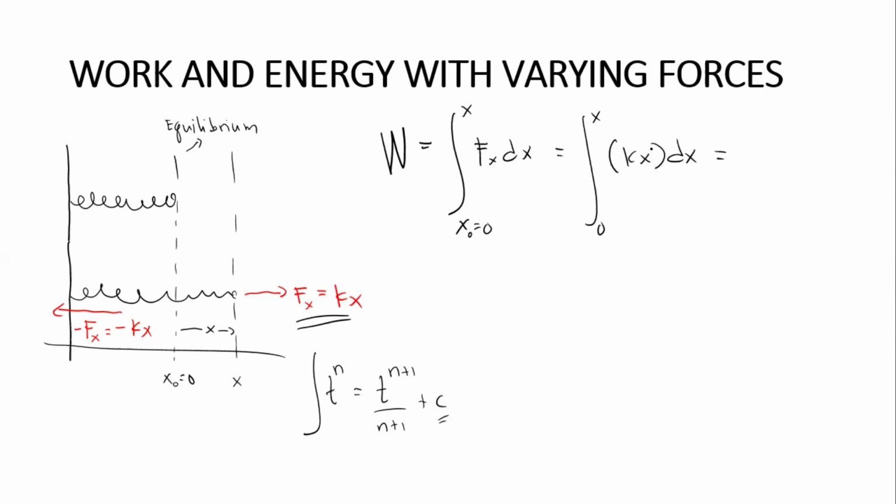In this particular case, we have here the 1. So we can take out the k because that's a constant, from 0 to x of dx. From this formula, it will follow that this is k.